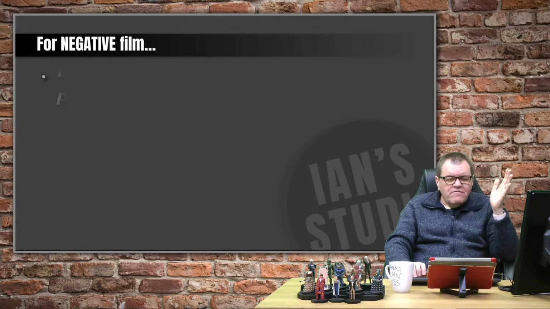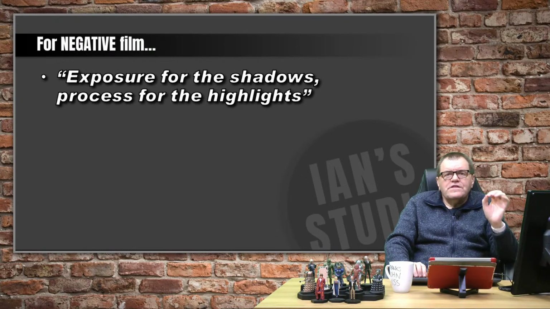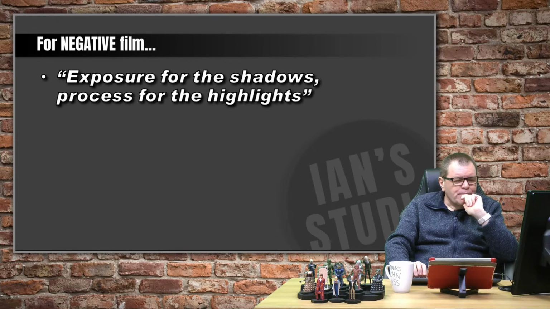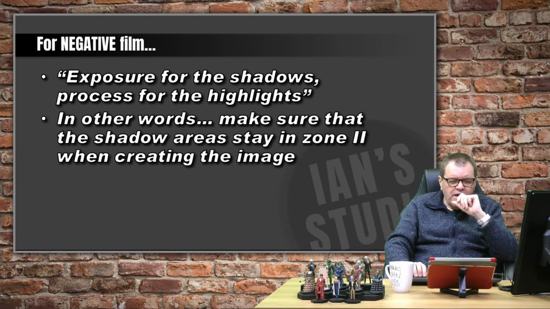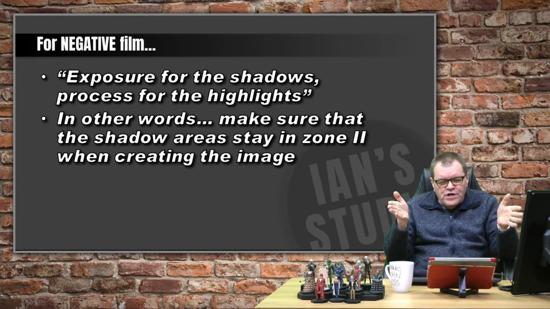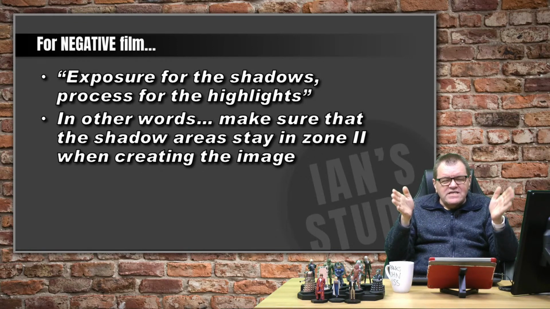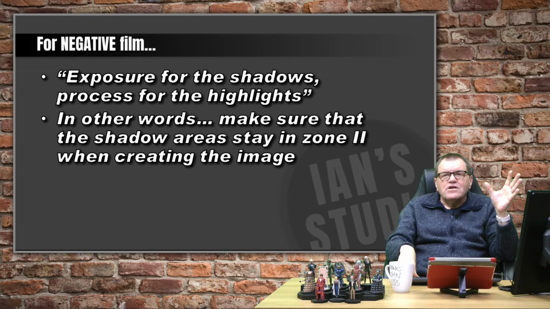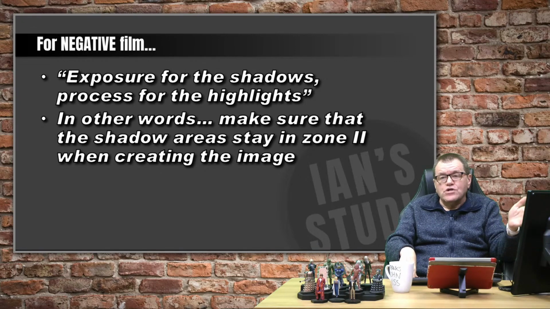Now, for negative film, one of the things that Ansel Adams always said was you expose for the shadows and process for the highlights. Now that might sound familiar, but different to something you've already heard. So I'm going to talk about that in this. So in other words, with negative film, you make sure that the shadow areas go no darker than zone 2.